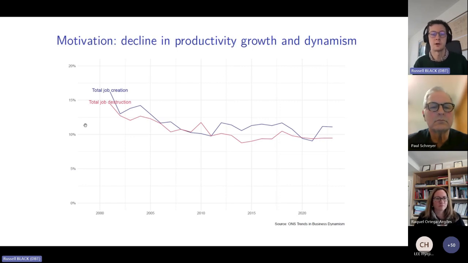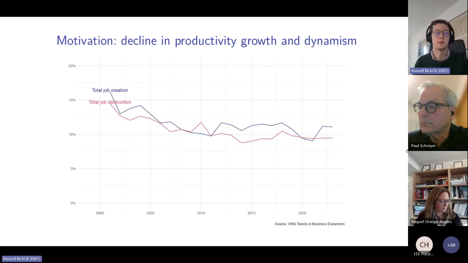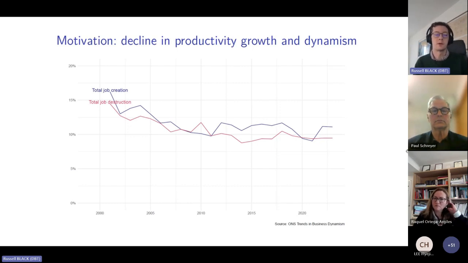In fact, it's the job destruction that's fallen faster than the job creation. So we also want to look at, are these things related? How much of the job destruction is happening? This is job destruction that is weighted towards lower productivity jobs, while high productivity jobs survive or high productivity jobs get created.